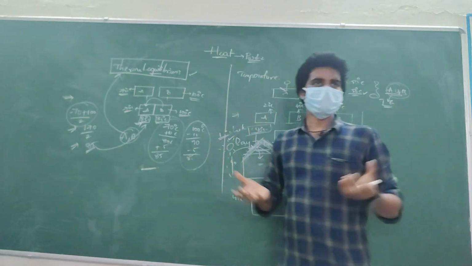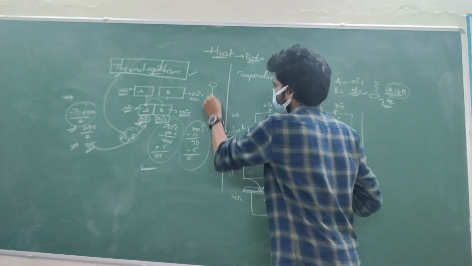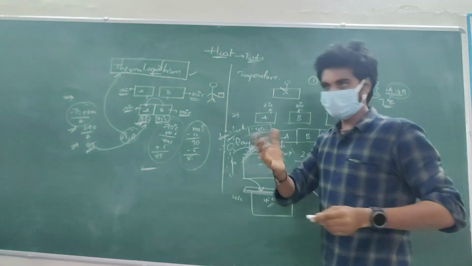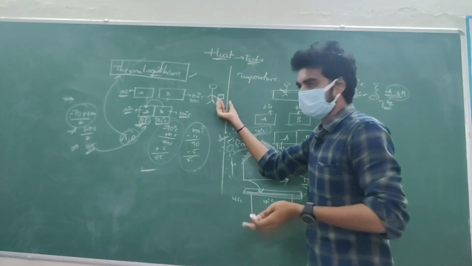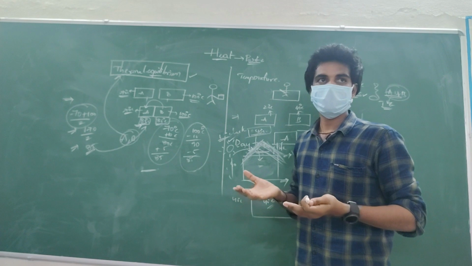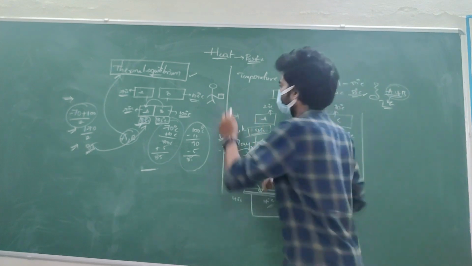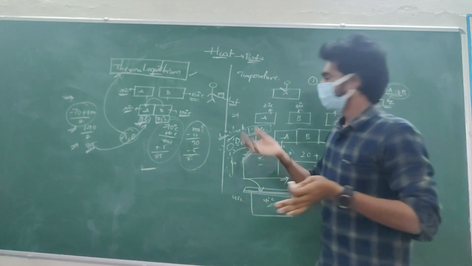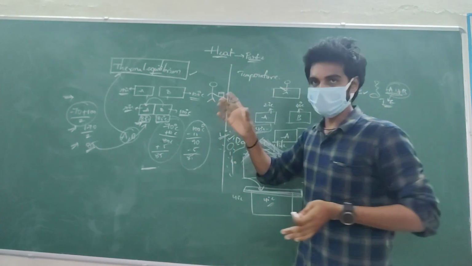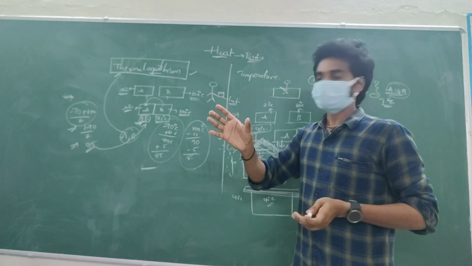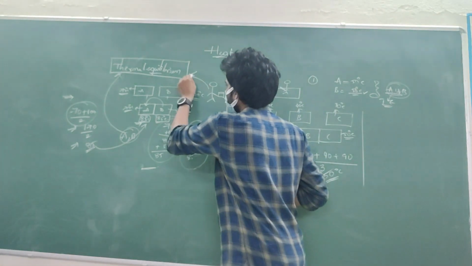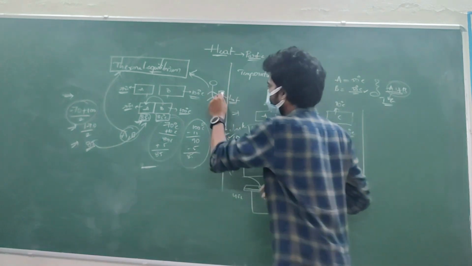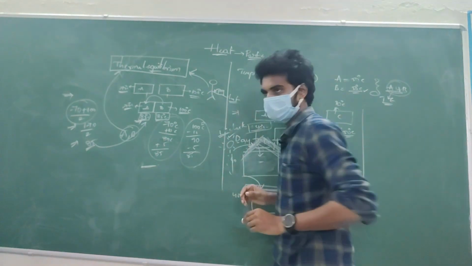If you consider one more example, let's say you're standing here holding a cup of tea, yes or no? In this case also, the tea has a higher temperature and your body has a lower temperature. I am talking about hot coffee, not cold coffee, right? When you touch this hot coffee, there is a need to be in thermal equilibrium, and that is the reason heat energy flows towards your body.